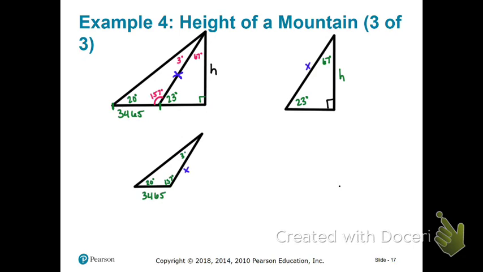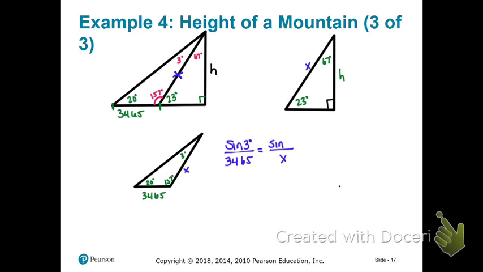Possibly. It's not a right triangle, so the only option we have is the law of sines. So the question is, do I know an angle and the side opposite from it? I do, don't I? I know the 3 degrees and I know the side opposite of it. So we can say the sine of 3 degrees over its opposite side equals, well, I'm after side x, so what is the angle across from it?